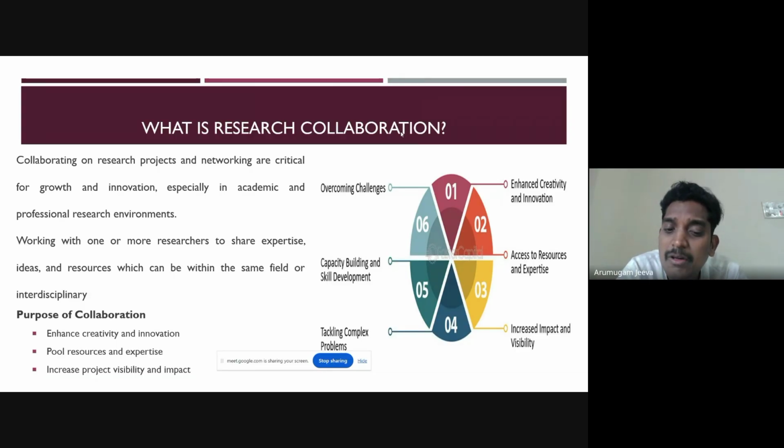How we are able to identify these people truly depends on the visibility created in the academic arena. In that context, collaboration alone helps a lot to create more visibility, to enhance your innovation and creativity, and also to share knowledge, resources and expertise among the peer group.